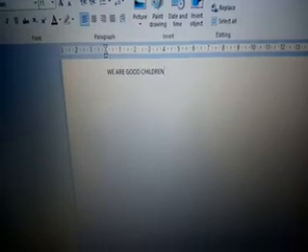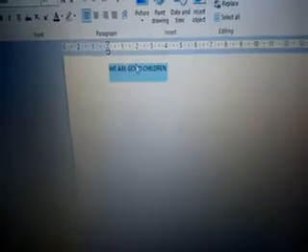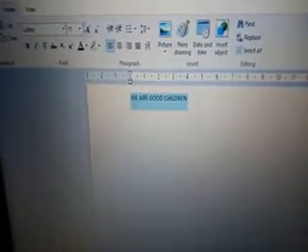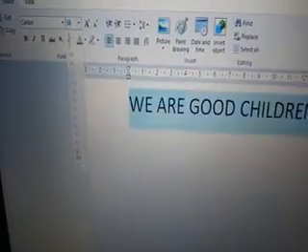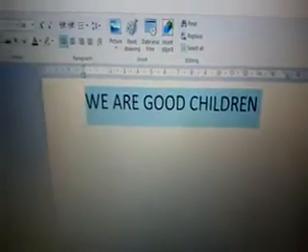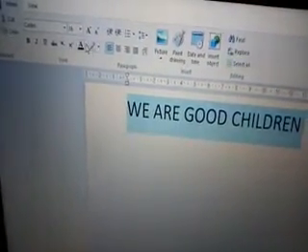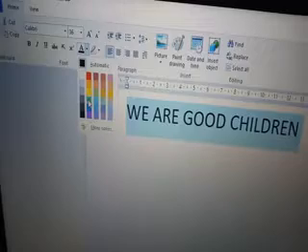Let me change the color of these lines. Let me make them little bigger. Yeah, how's that? And now let me change the color of the lines. Let's change it to green.